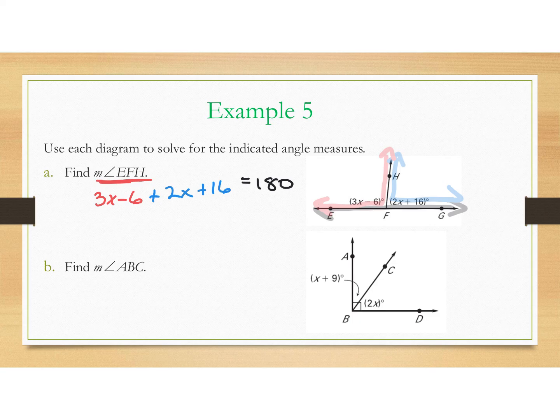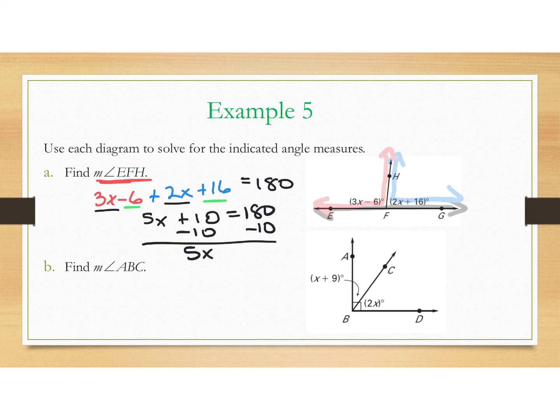I'm going to add my like terms, so 2x plus 3x is 5x, and then I can also add the negative 6 plus 16. I get 10. And now I can begin solving by subtracting 10. 5x equals 170. Divide by 5, and x equals 34. Again, it didn't ask me to find x. It wants me to find EFH, so I'm going to plug it in.